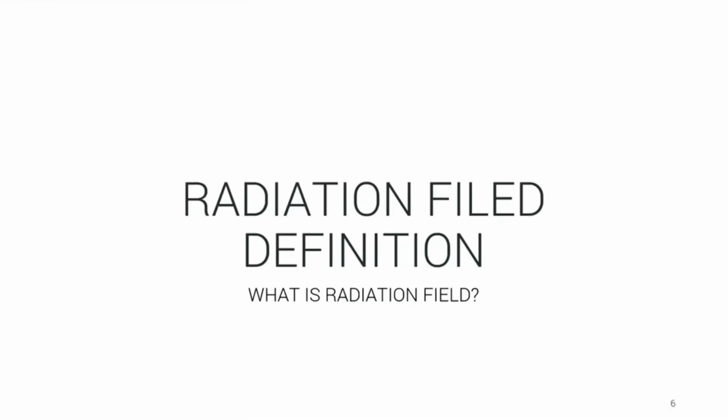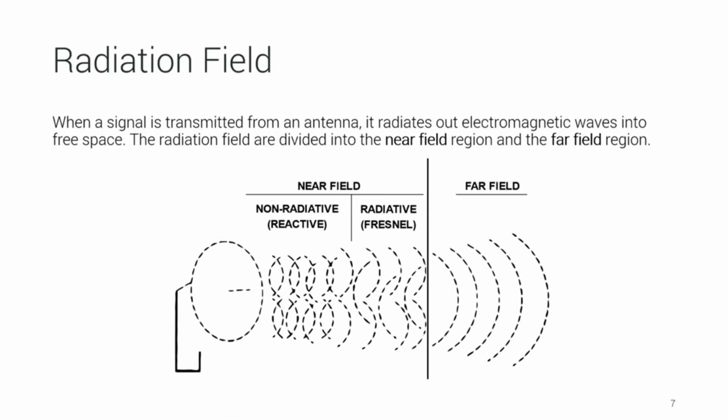For our first agenda here, we want to know what the radiation field is. When a signal is transmitted from an antenna, you can see here is the antenna, it radiates electromagnetic waves into free space. Then the radiation field is divided into near field and far field.